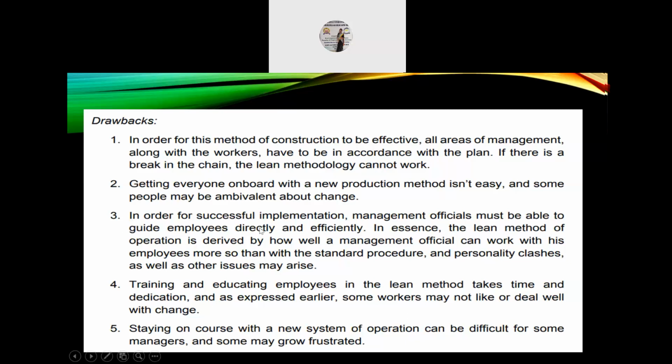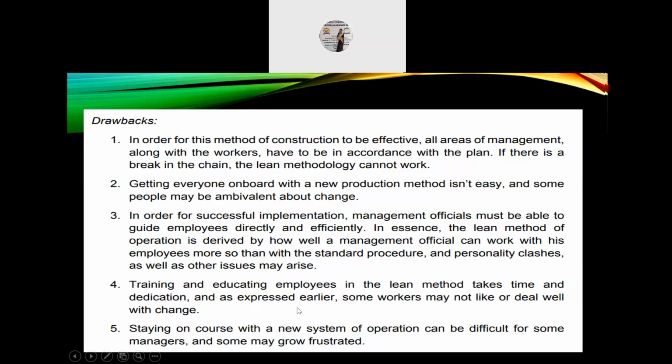In order for successful implementation, management officials must be able to guide employees directly and efficiently. In essence, the lean method of operation is derived by how well a management official can work with his employees, more so than with the standard procedure, and personality clashes as well as other issues may arise.